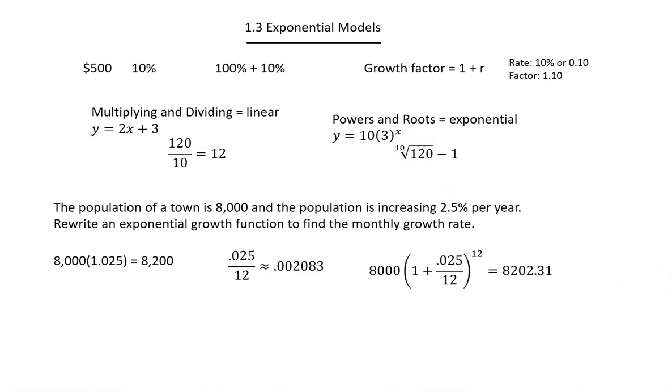So if I took that 0.025 divided by 12, put that into an equation, I could just have the 1.002083 instead of 0.025 divided by 12, and did that for 12 months, it would come out to 8,202.31. That's close to our original amount, but it's not accurate.